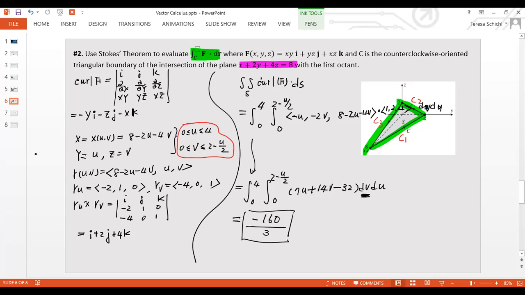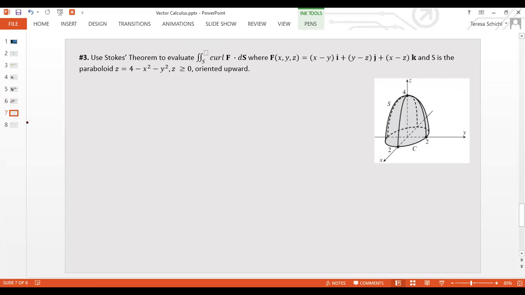Let's take a look at another problem. I want to find the surface integral of the curl of F, and this is my vector field.